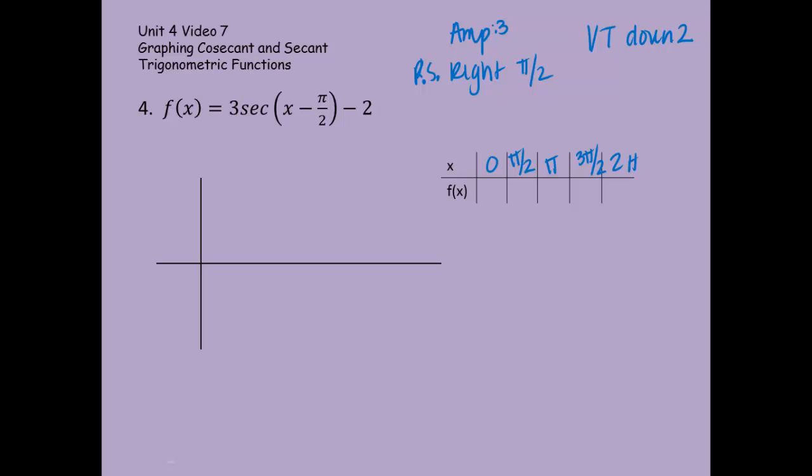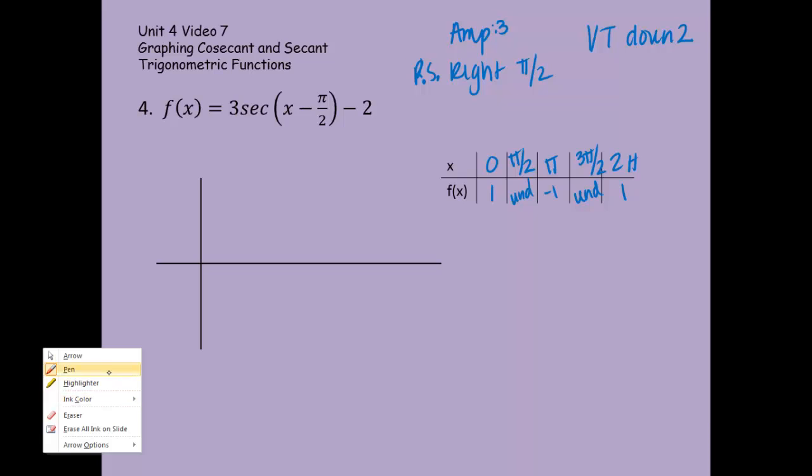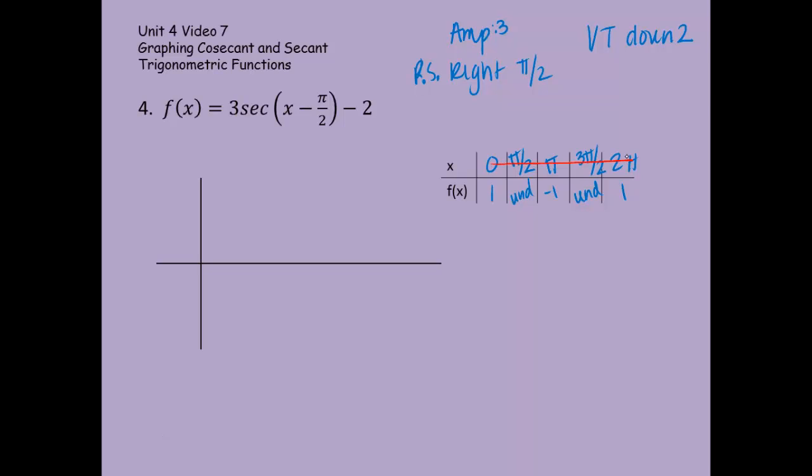I'm going to actually just go ahead and go straight to secant. So I'm going to have 1, undefined, -1, undefined, 1. And now I'm going to make my adjustments to this. I'm going to start with shifting to the right. So I'm going to add pi over 2 to everything. Nothing different from what we've been doing on all of the other functions.